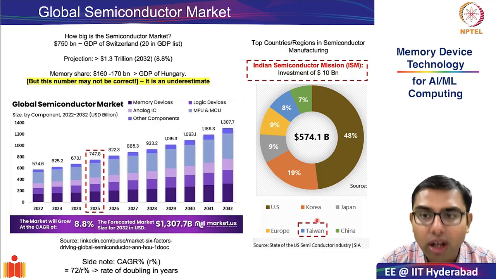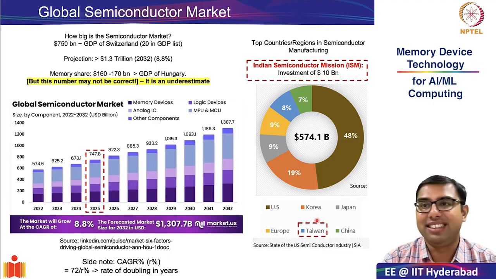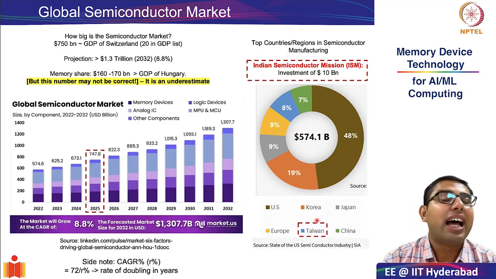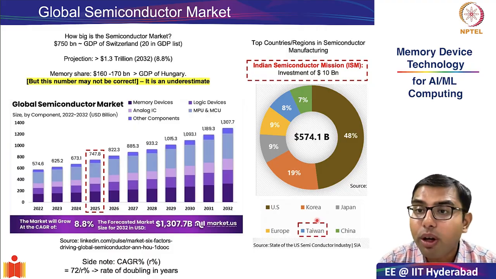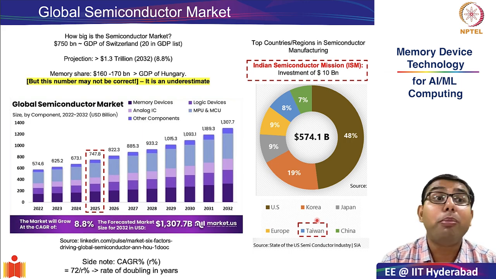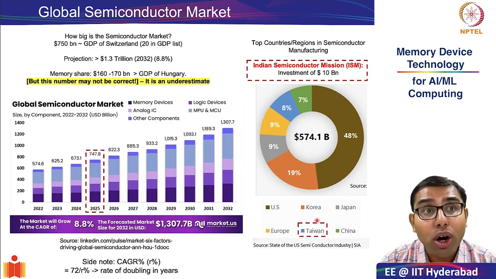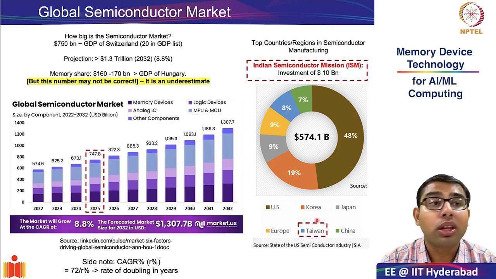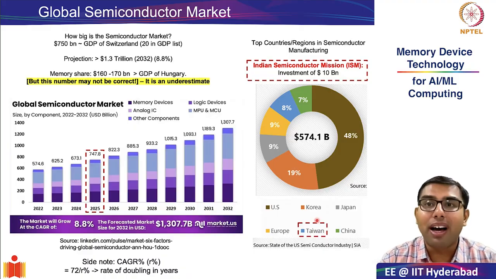Why is this important? Because governments throughout the world have realized that being self-reliant in semiconductor materials and devices manufacturing is as important to their strategic growth as is national security. So they have been kept on par.